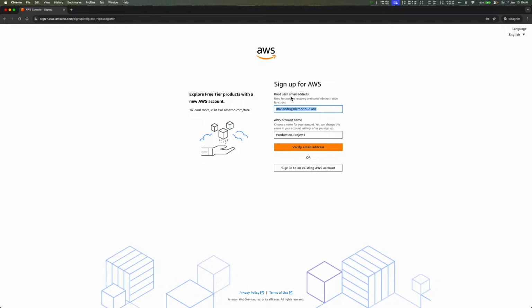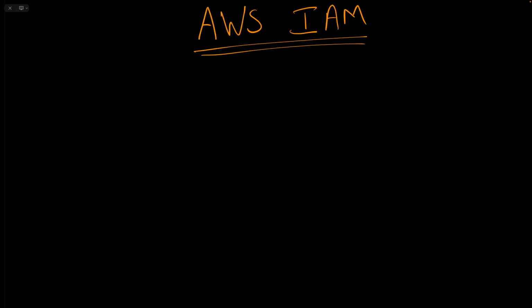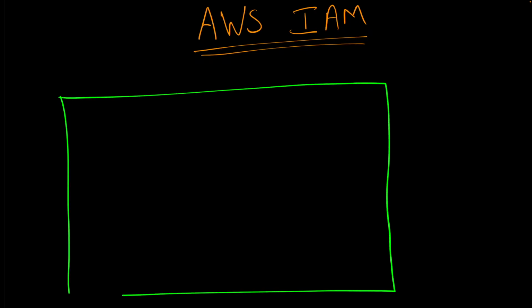Now, as soon as an AWS account is created, you will also be granted a 12-digit unique account ID for the AWS account, which will be associated with this root user. So for this, let me draw. So here comes the blackboard. Now consider this an AWS account.